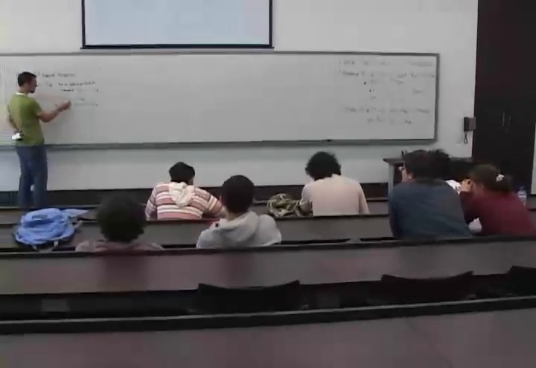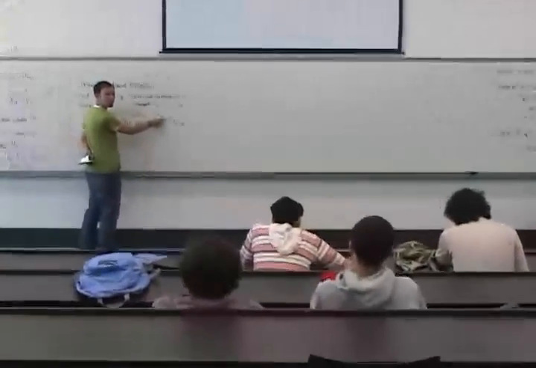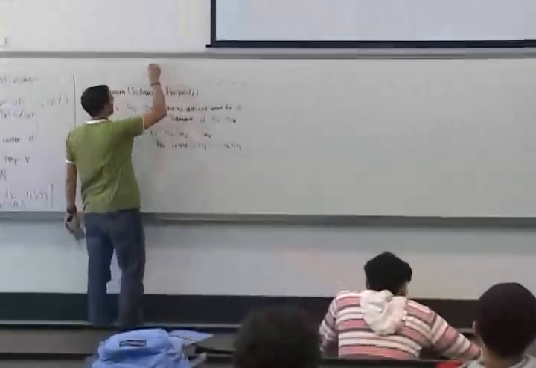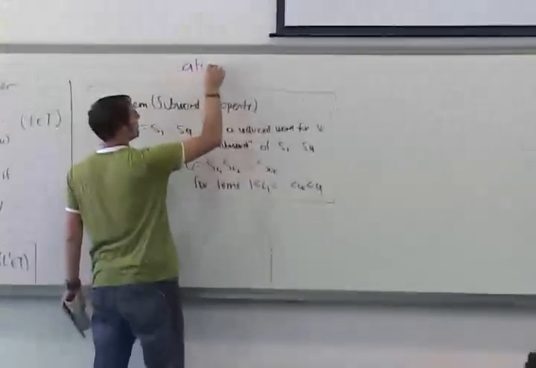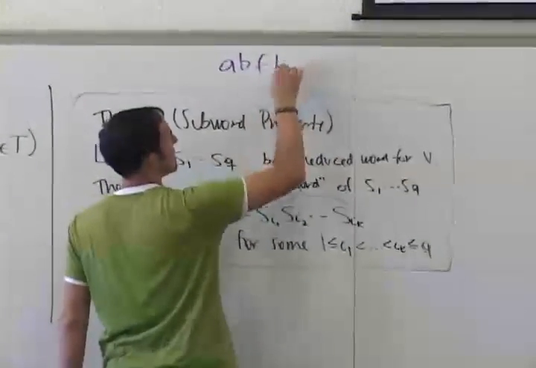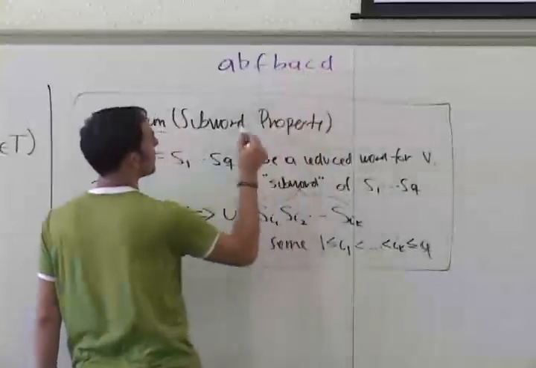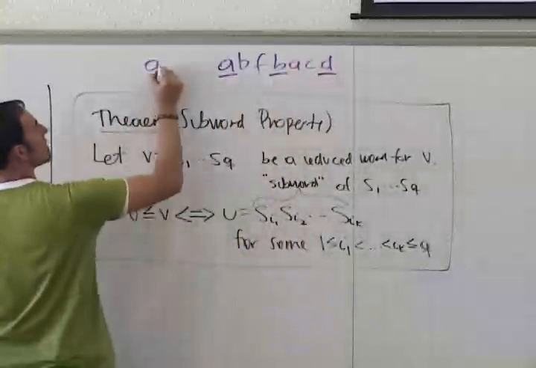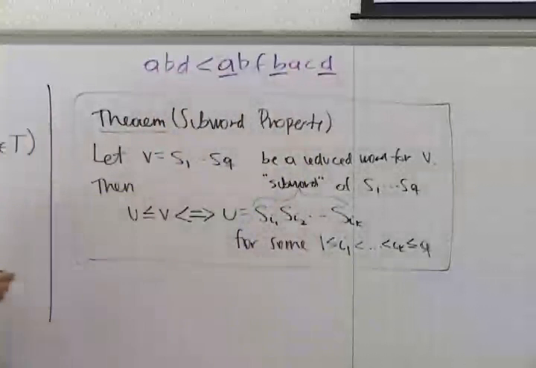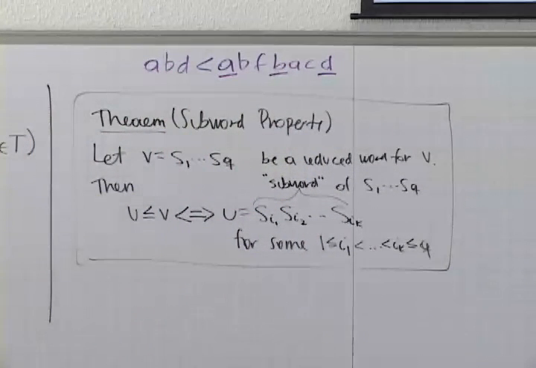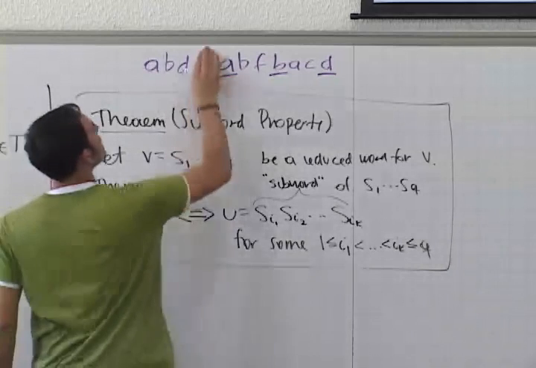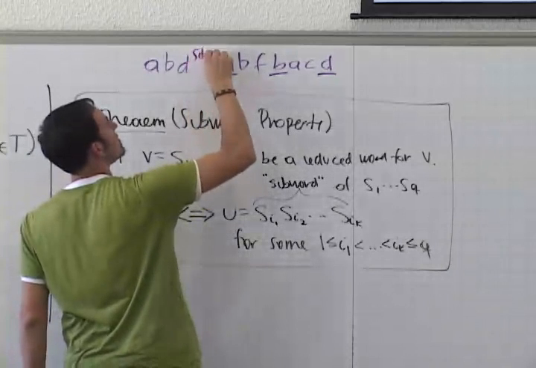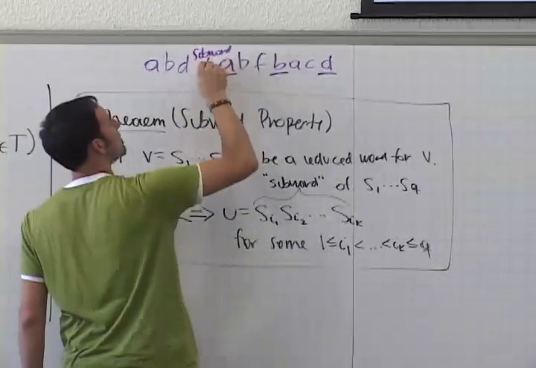The question is, do these letters have to be consecutive? No. So, for example, you might have A, B, F, B, A, C, D, and a subword of this is A, B, D. So A, B, D is less than this. There's a subword of this, let's say.